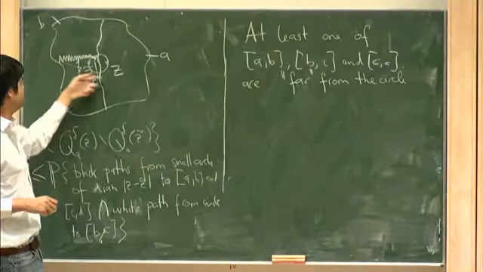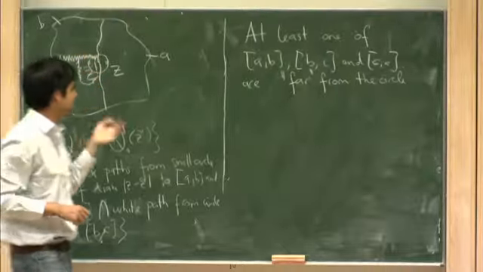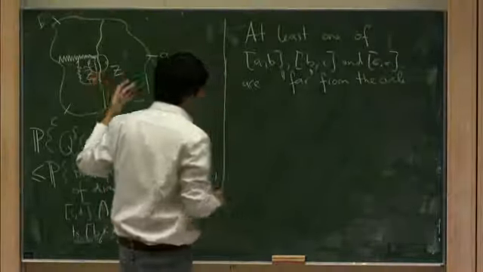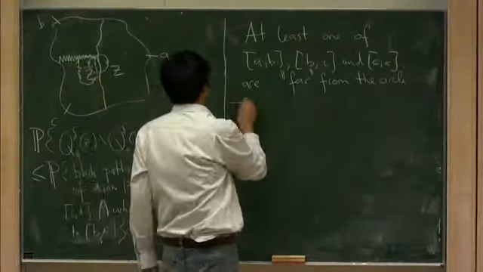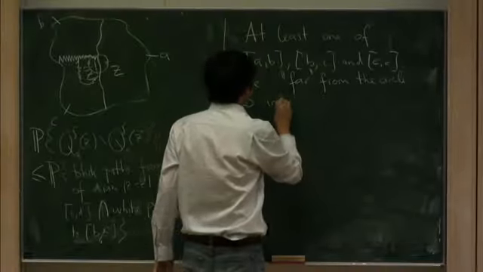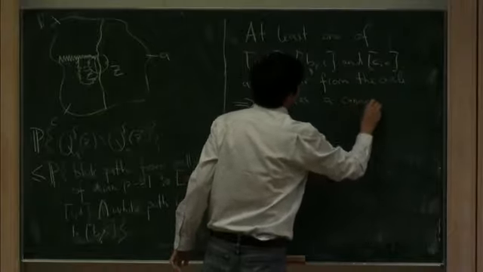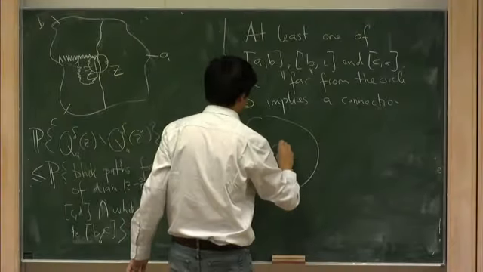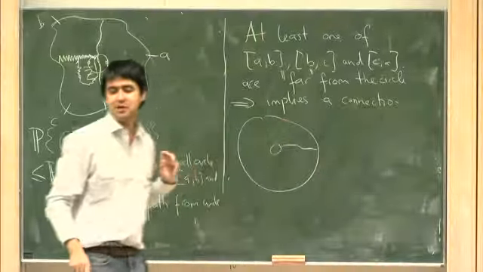So since you have three paths linking all sides, you're at least far from one of them, wherever you are in this domain. So this implies a connection of the type, which we can schematize this way, of a type where a small circle is linked to a big circle.